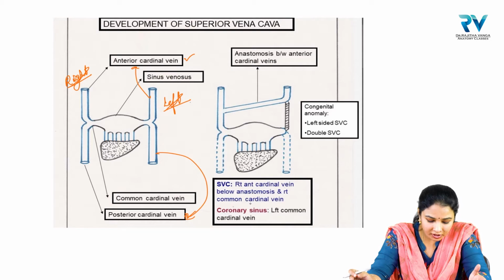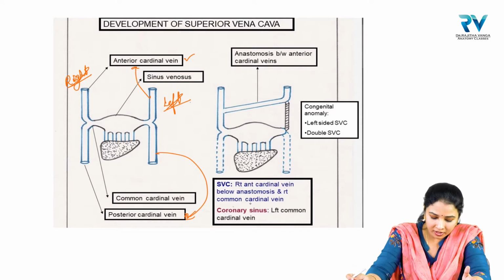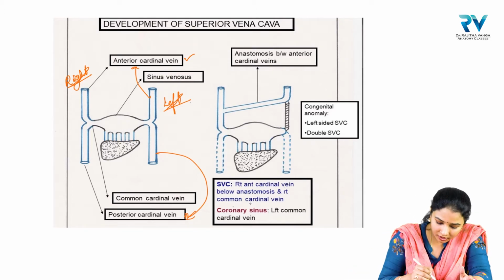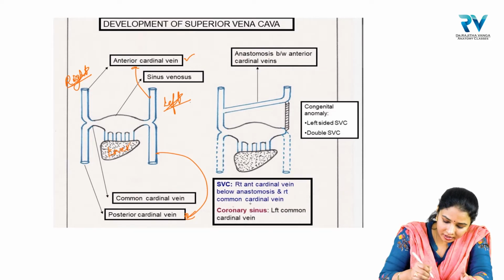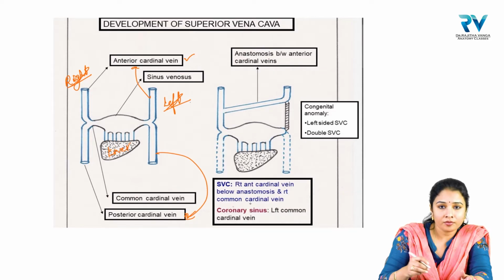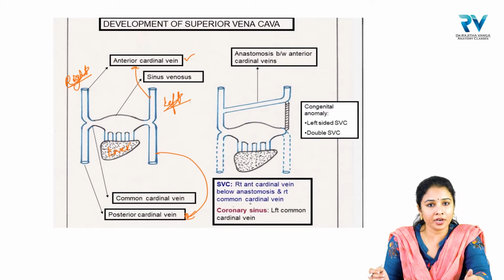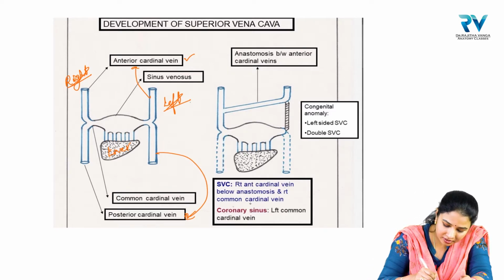If you concentrate on these cardinal veins, we can also see the developing liver here, and this is the sinus venosus, which later forms major part of right atrium, and we can see the hepatic veins draining into the sinus venosus.